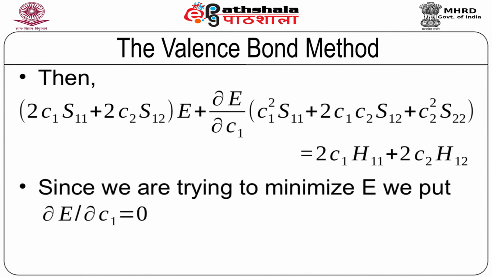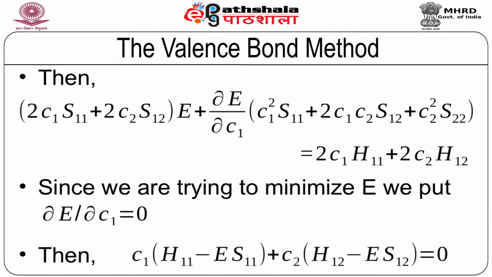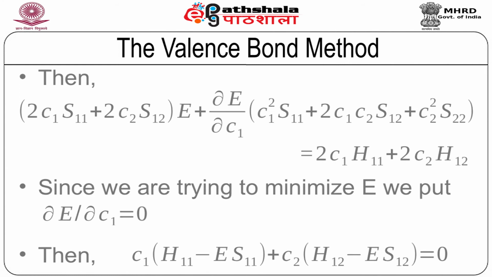Since we are trying to minimize E, we put del E del C1 equals 0. In that case, we get C1 into H11 minus E S11 plus C2 into H12 minus E S12 equals 0.